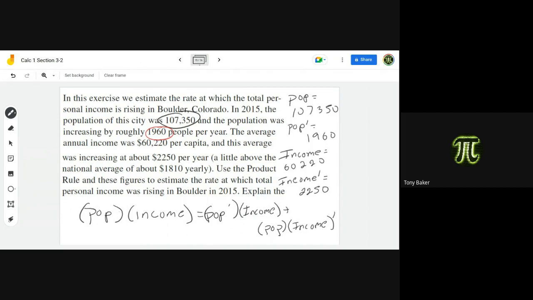Oh, that was all the people's income? Yes. So that is my change in population over time.